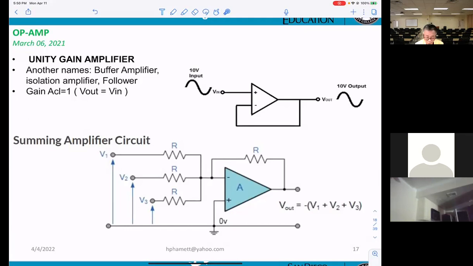That means you work first with V1, then next with V2, and then V3. This is the formula to calculate the summing: Vout equals minus the total voltage, no matter how many input voltages. However, all of the resistors here have to be the same. That's what they call a summing amplifier.